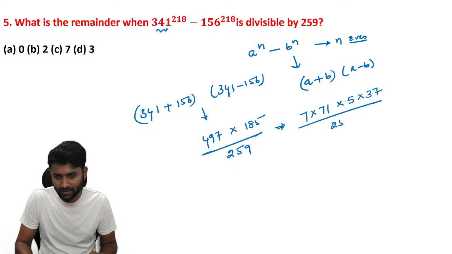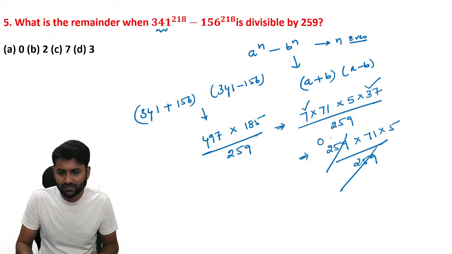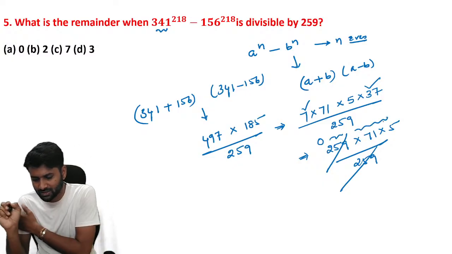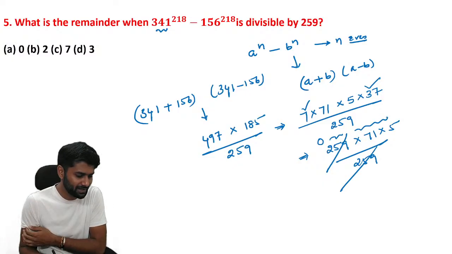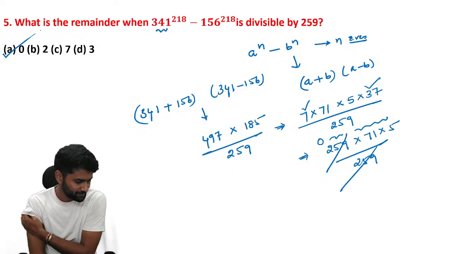Again, see, 7 into 37, 7 sevens are 49, and the total result is 259 into 71 into 5 divided by 259. If 259 is divided by 259, the remainder is 0. If 0 is multiplied with any other number, the remainder is 0. Remainder is 0.